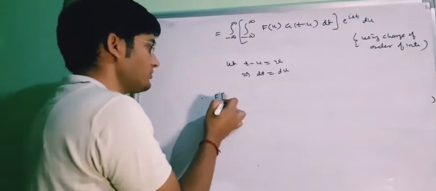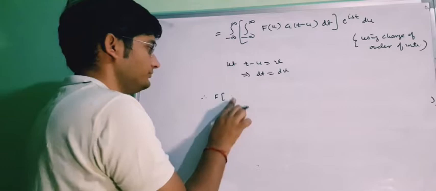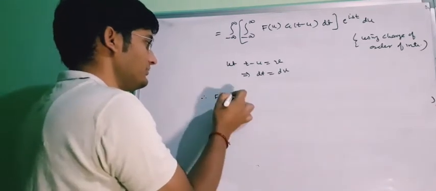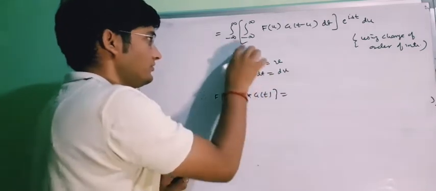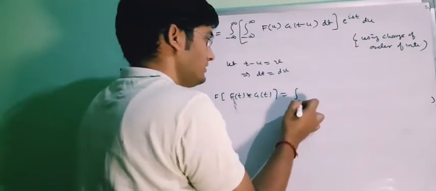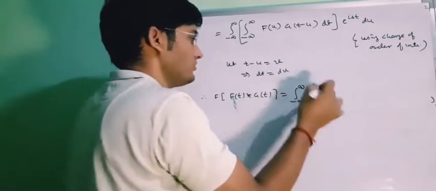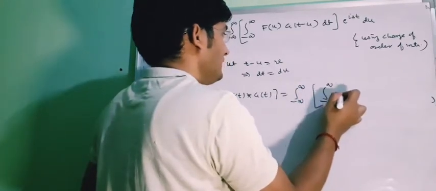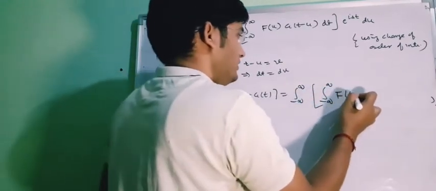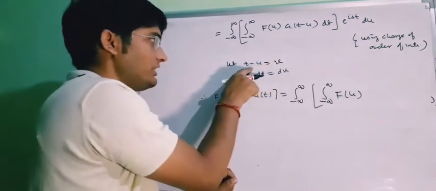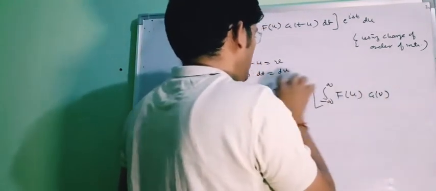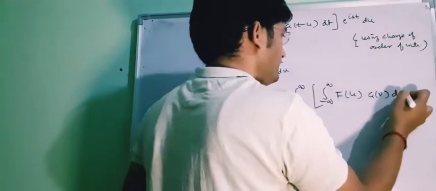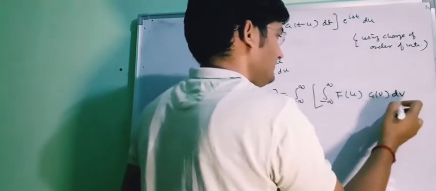Therefore, the Fourier transformation of the left hand side, that means f(t) star g(t), is equal to the integral from minus infinity to infinity of f(u) into g(t minus u). Now t minus u will be v. So this is g(v). Now in place of dt we will have dv, and e to the power ist.